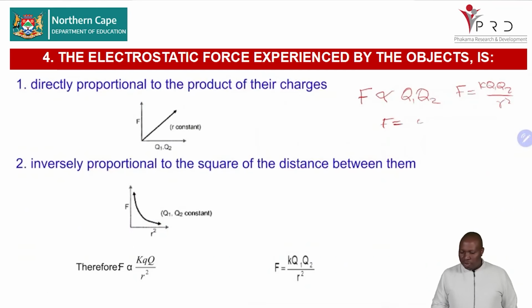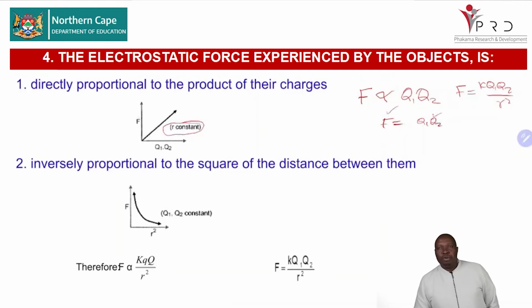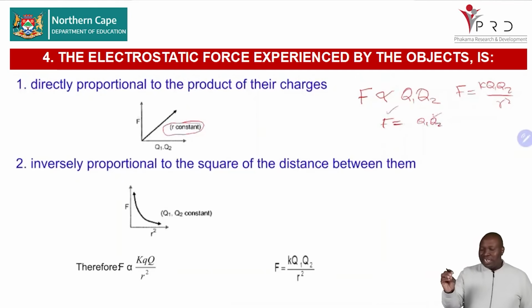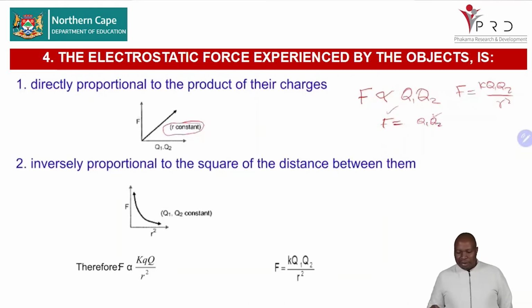So on the x, we are having Q1 Q2, which means that we are having your gradient as your R there. Your R will be remaining constant. So the third variable, we're keeping it constant. So we're saying you are having your force on your y-axis, and the product of the charges, provided that the distance between them remains the same.